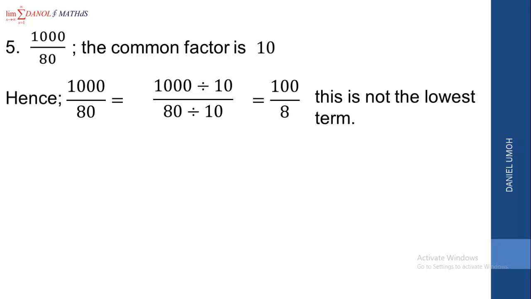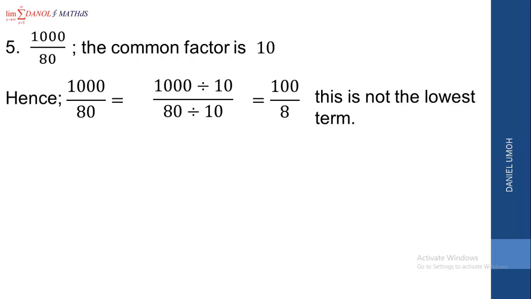But this is not the lowest term. Remember, we told you that the lowest term is the term that cannot be further reduced. So if you look at 100 over 8, it can still be further reduced. 2 can divide it, 4 can divide it, right? So what we are going to do is reduce it again.